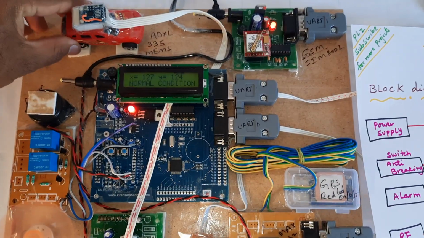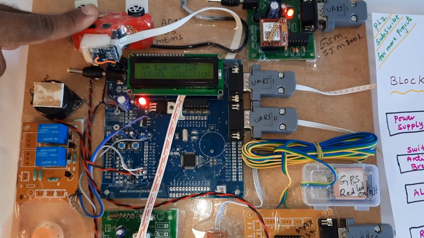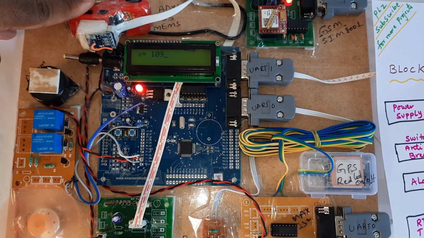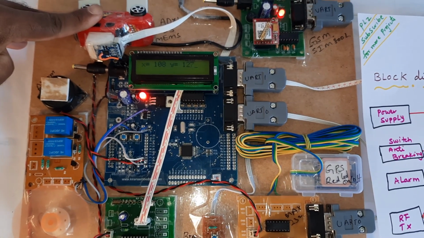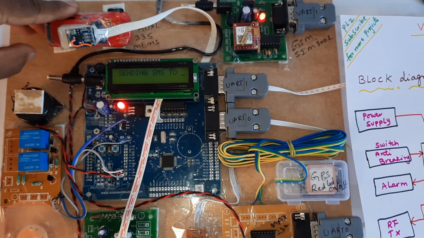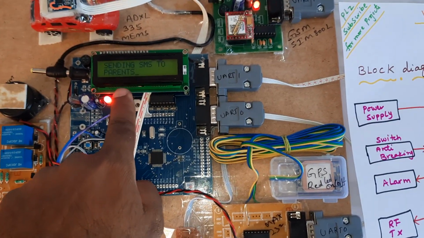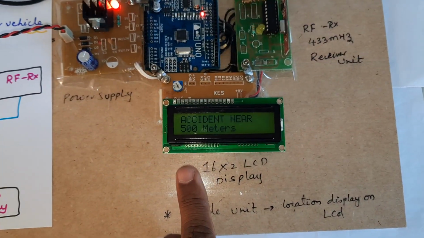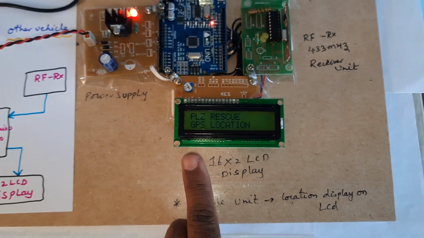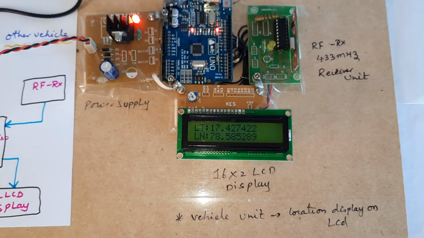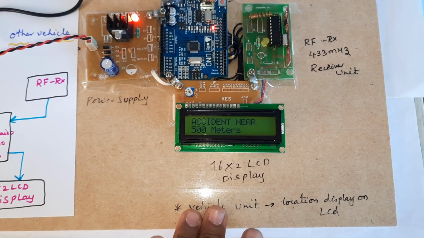Now I am going for a right accident. For the right accident, it sends an SMS to the parent mobile, and the information is passed here: accident near 500 meters, please rescue, GPS location, latitude value, longitude value.